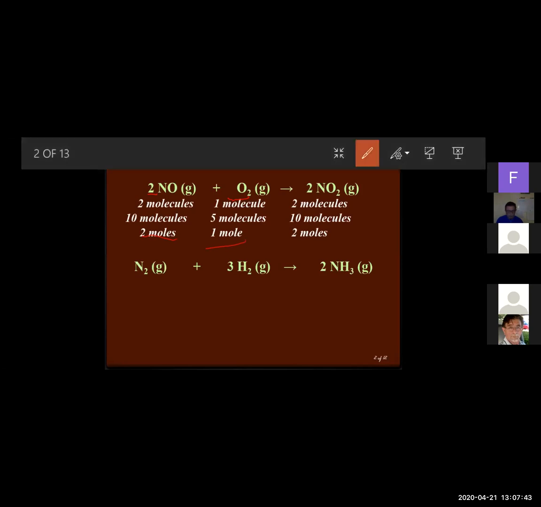We can see that for every 2 moles of NO, we're going to make 2 moles of NO2. So that ratio is 2 to 2 or 1 to 1. If we compare it with oxygen, you can see that ratio is 1 to 2 from oxygen over to NO2.